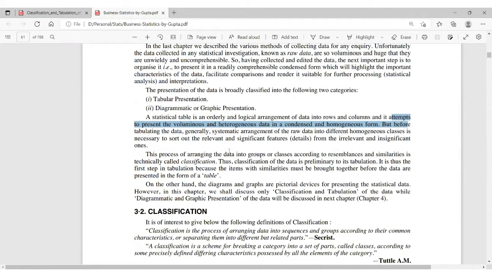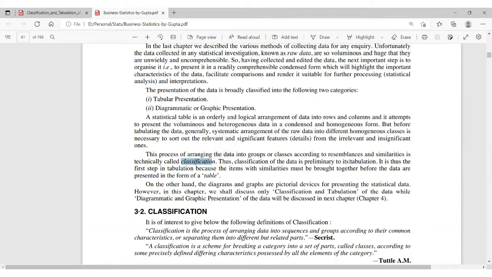The process of arranging the data into groups or classes according to resemblance and similarity is technically called classification, right?